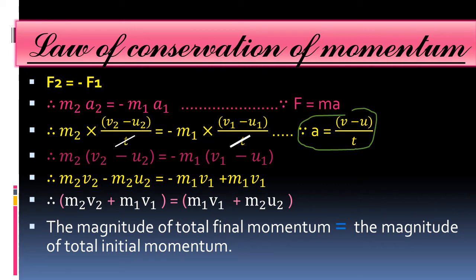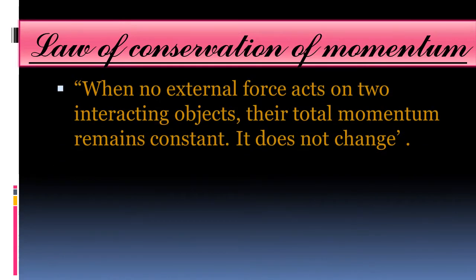And thus, if no external force is acting on two objects, then the total initial momentum is equal to their total final momentum, and this statement is true for any number of objects. When no external force acts on two interacting objects, their total momentum remains constant, it does not change, and this is a corollary to Newton's third law of motion.